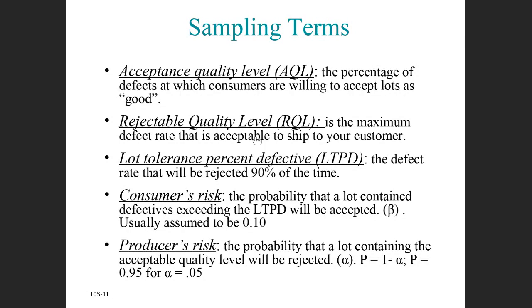So it is the defect rate that will be rejected most of the time, and therefore they have converted it to a probability variable, which is the beta, and studies say 0.1, which is 10%, is the probability of accepting the defective lot, if it is exceeding that limit of the LTPD.